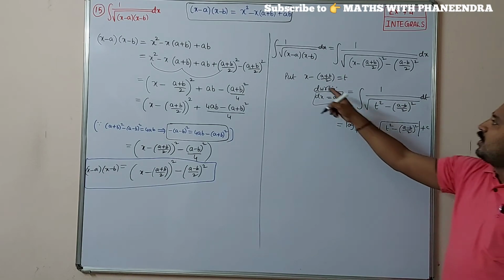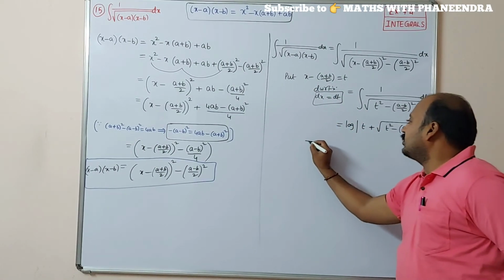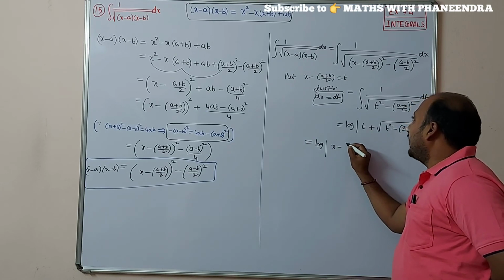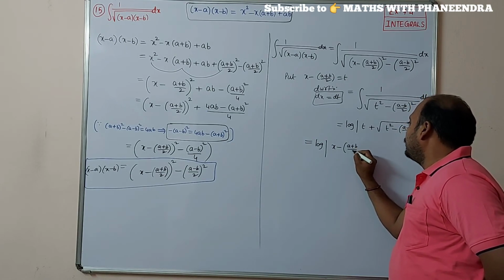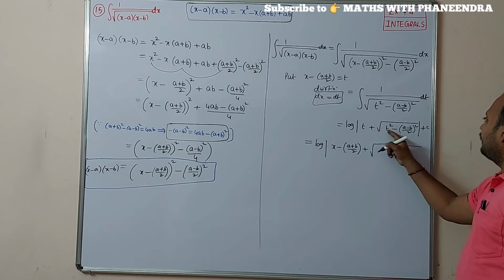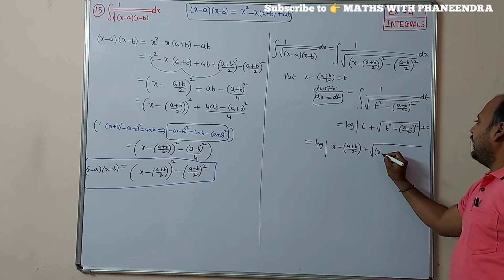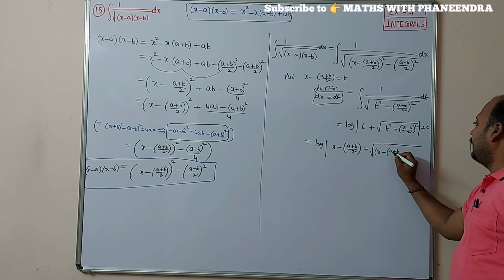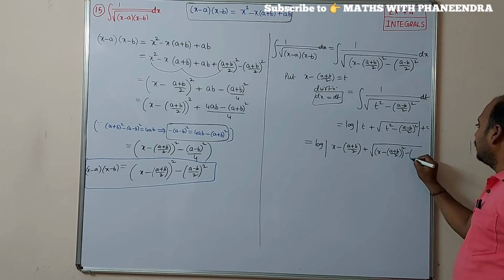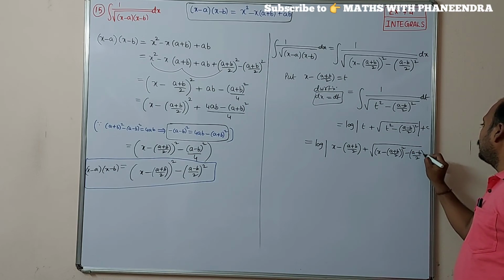In place of t, what do we have to replace? This value. That is equal to log mod (x minus (a plus b)/2) plus square root of t, where the t value is (x minus (a plus b)/2) whole square minus ((a minus b)/2) whole square, plus c.